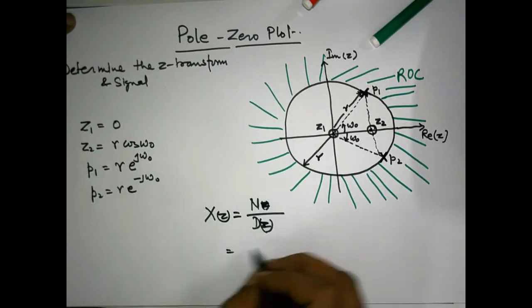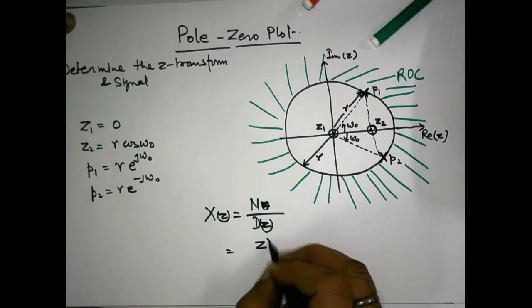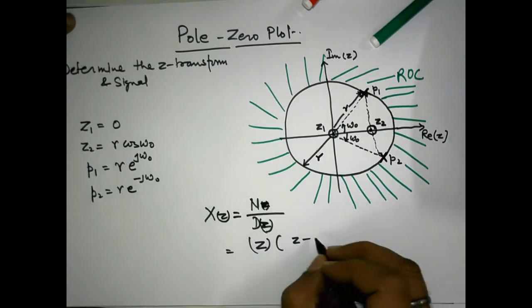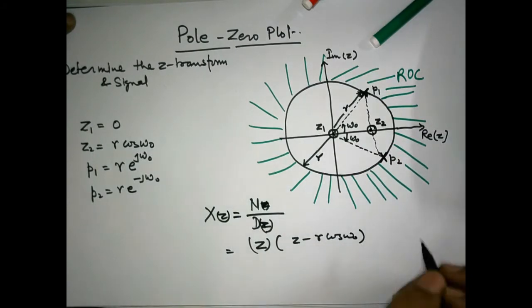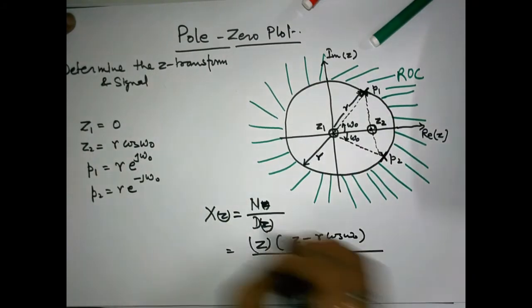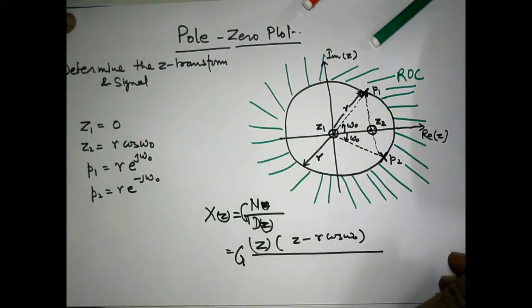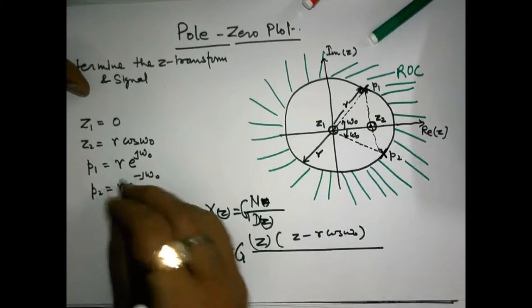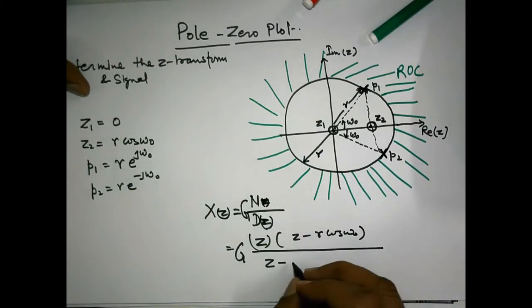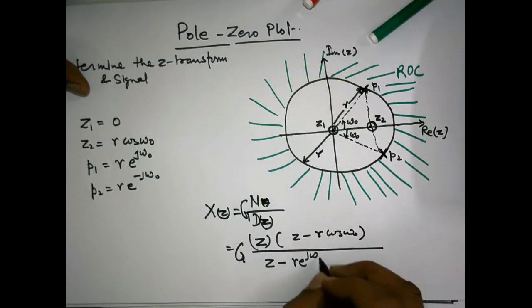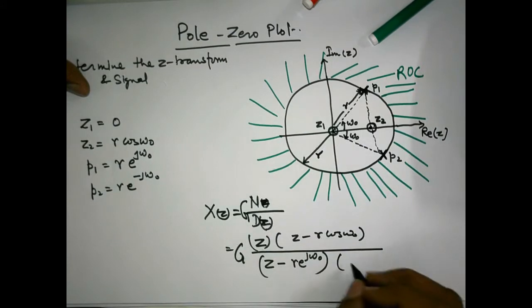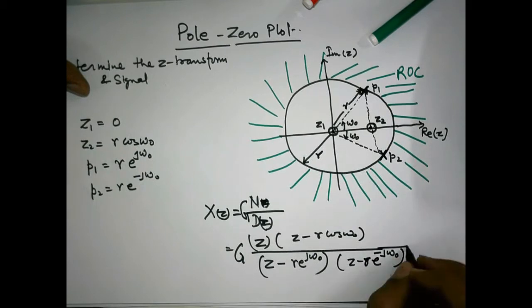What comes in the numerator polynomial? z and (z − r cos ω0), and there is one gain factor in this expression, G. And here the roots of the denominator polynomial are: the very first is z − r e^(jω0), and the second is z − r e^(−jω0).